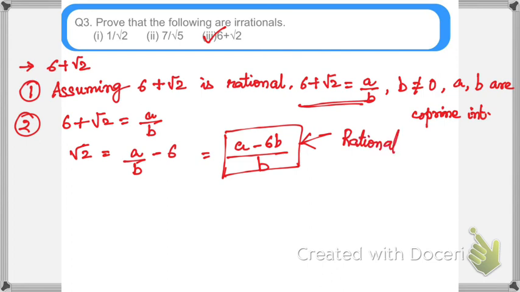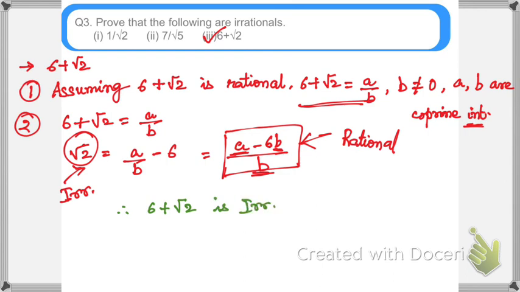Why? Because a and b here are integers, and integers always give you a rational number, so it should be rational. But we know that this root 2 is irrational. So this is a contradiction to our assumption, and therefore we will write that our assumption was wrong and 6 plus root 2 is irrational. Okay, thank you.